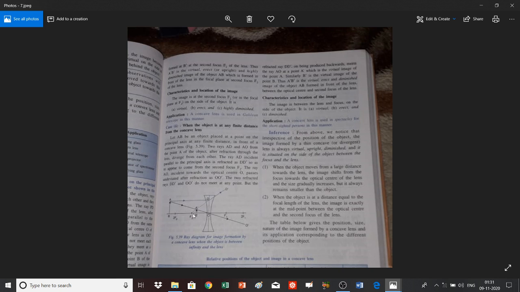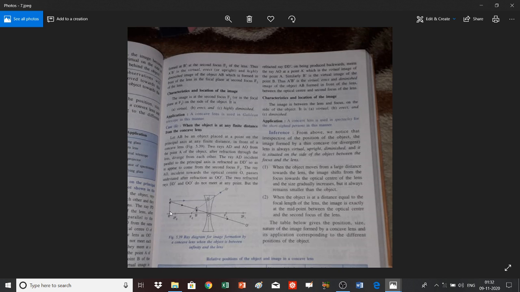Now you see that this ray and this ray will meet at the point A prime. So the image of the point A is formed here at the point A prime. Similarly B will form here, B prime. So A prime B prime is the image of the object AB.